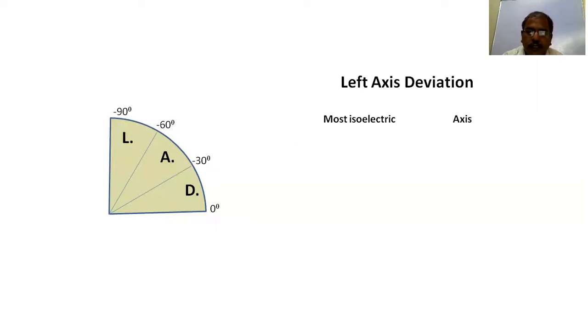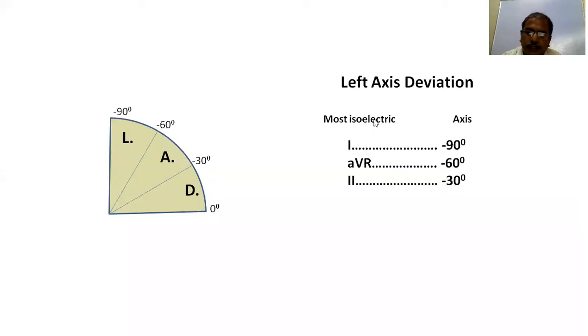Now let us think about left axis deviation, and the most isoelectric lead. Suppose the QRS complex is isoelectric in lead 1, then the axis is minus 90 degrees. If in lead aVR you find an isoelectric complex, then the axis is minus 60.